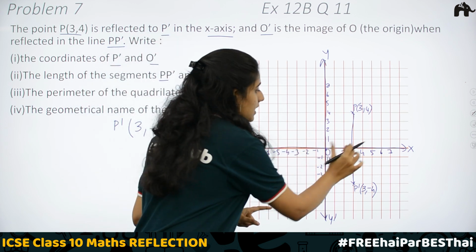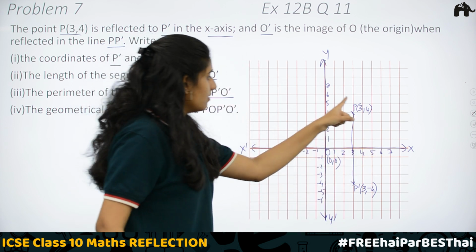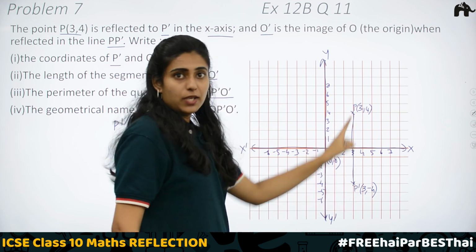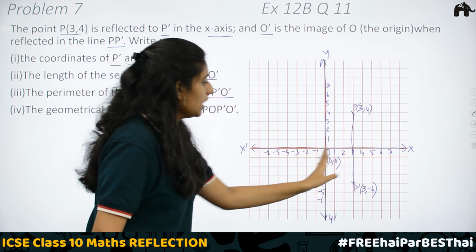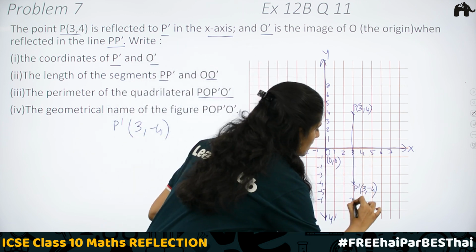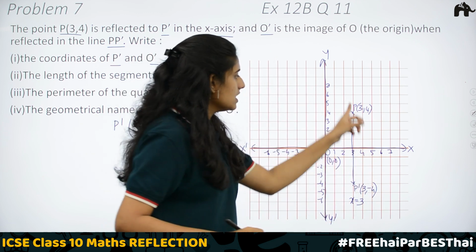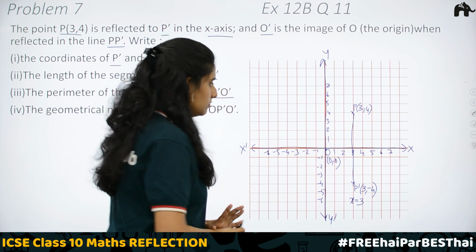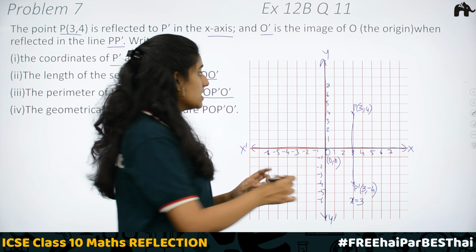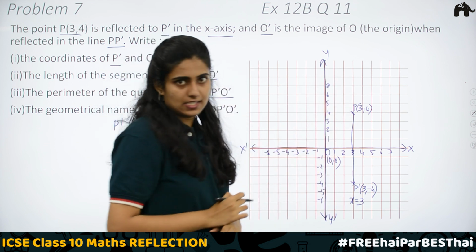We have to find the image of this with respect to line PP'. Here the mirror line is PP'. When you consider this line, we understand that here x is equal to 3. This is the line x = 3, which is parallel to the y-axis.